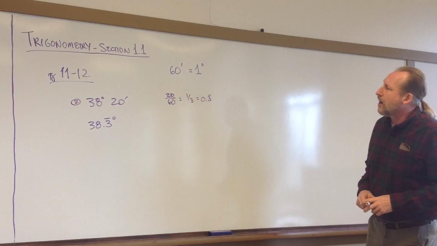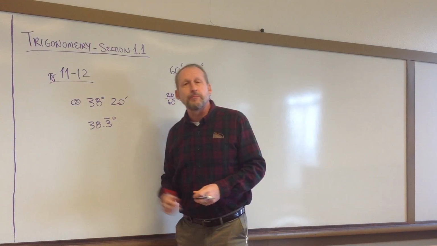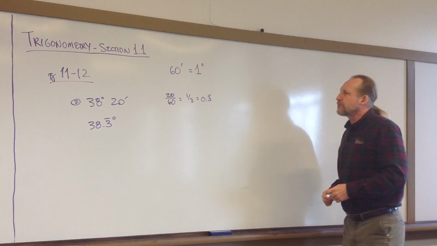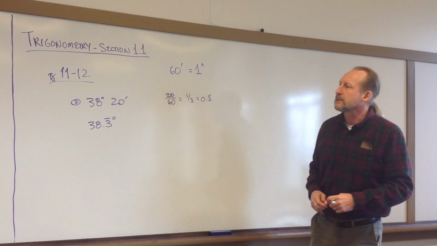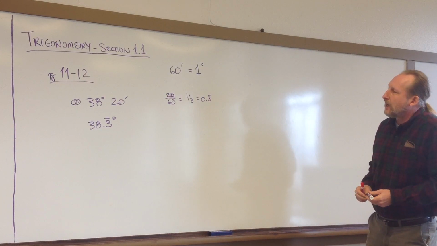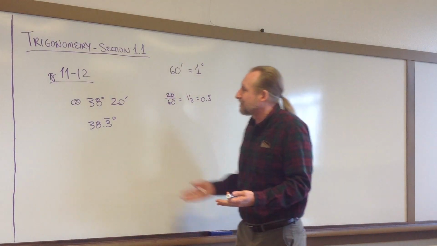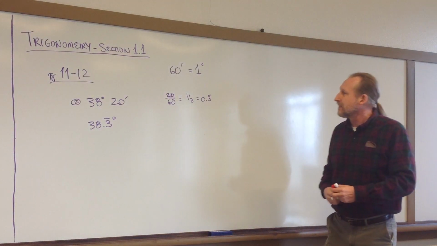I don't take a lot of points off if you leave the bar off, but I do take some points off. That's the difference between 100% and 95% if you're taking a test. It's not a major mistake, but it demonstrates to me that you either don't really care enough to put the bar over it, or you don't really understand that it does belong there.